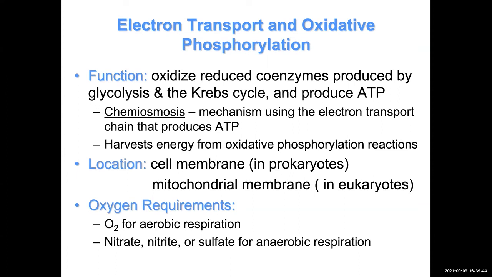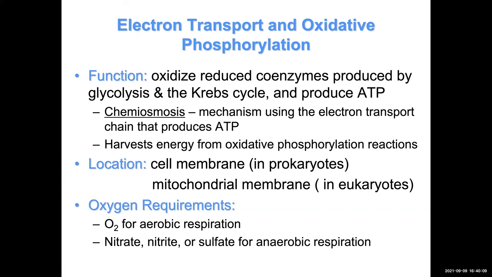They all travel to the electron transport chain. So the function of the ETC is to oxidize those reduced coenzymes to produce ATP. And now you know at what ratio, right? 3 ATP per NADH, 2 ATP per FADH2.